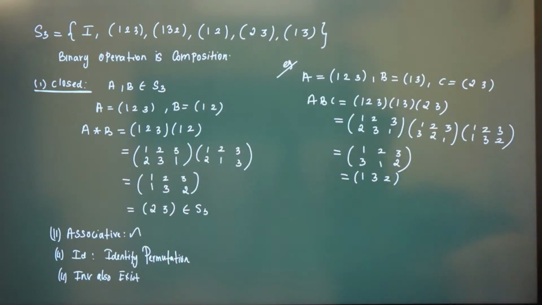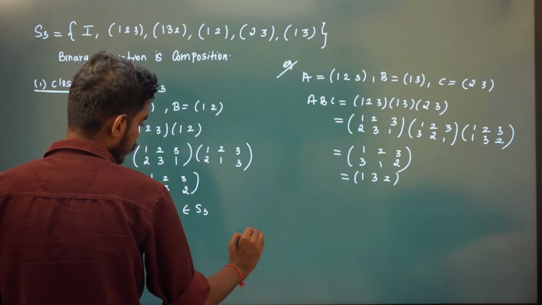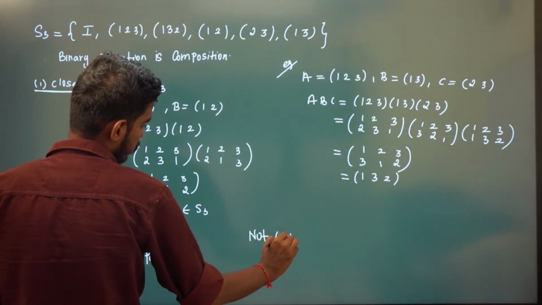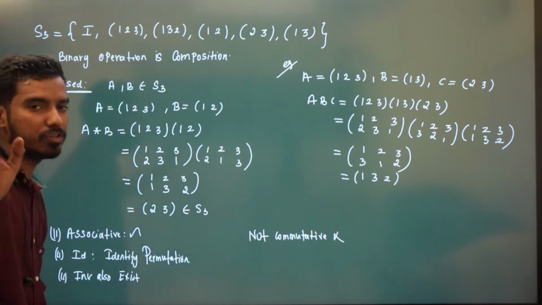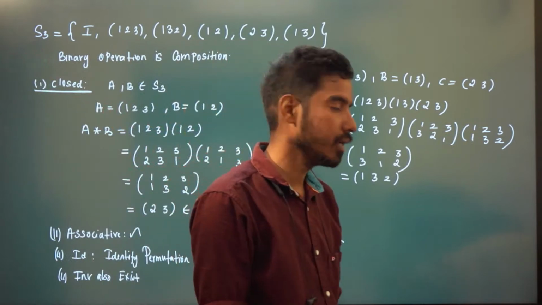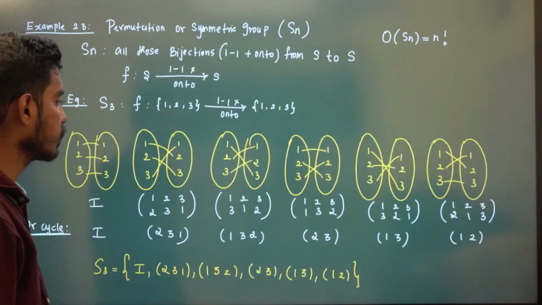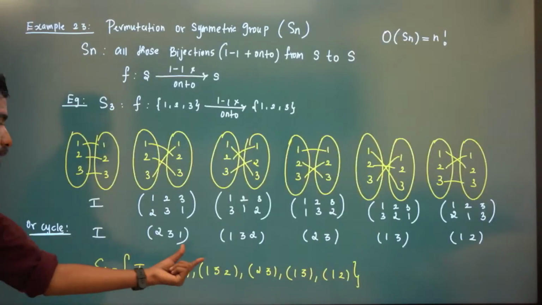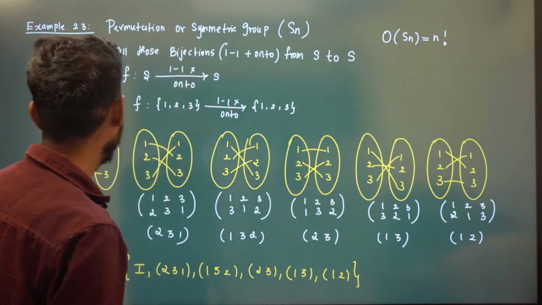But it is not commutative. Composition need not always be commutative. So it forms a group. Is it clear?